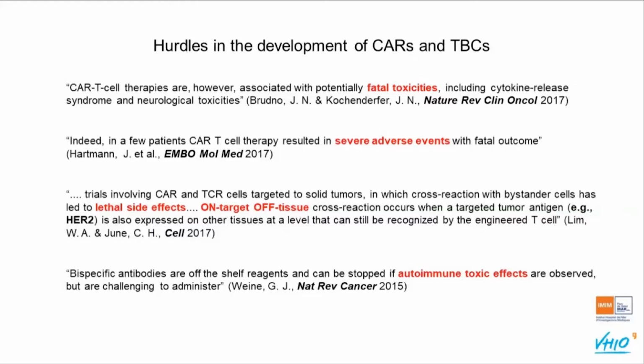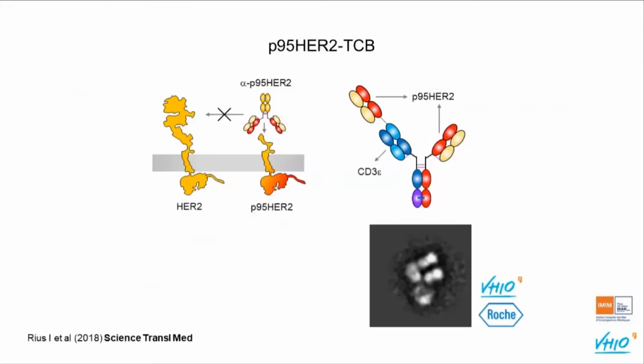As highlighted here in several quotes from recent reviews, this leads to frequent fatal toxicities, severe adverse events, on-target off-tumor lethal side effects. So we thought that the identification of P95 HER2 was a very nice way of targeting specific tumors.